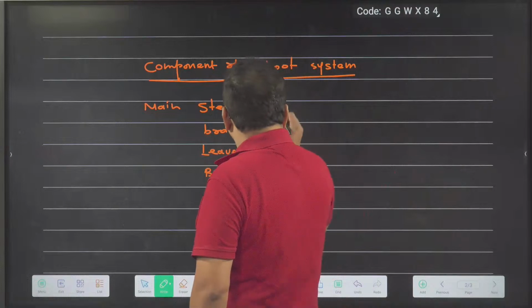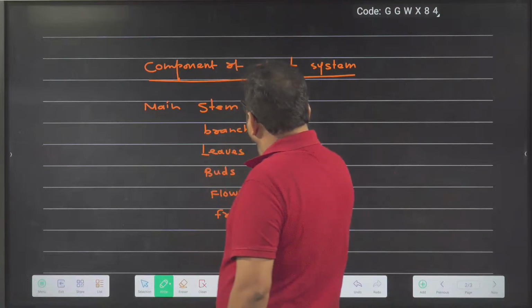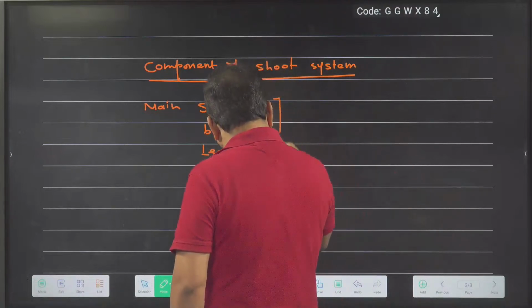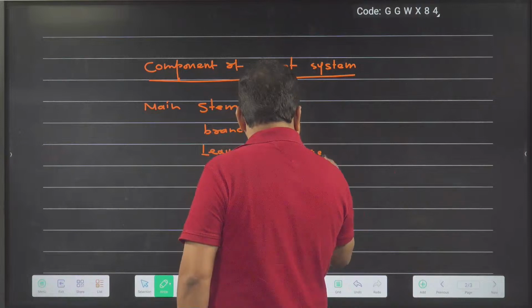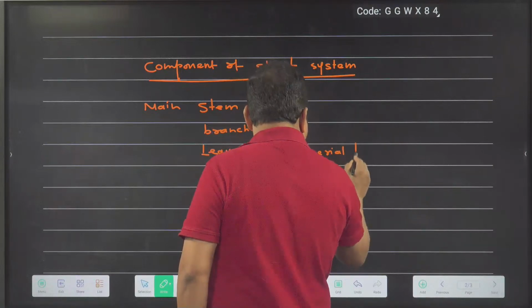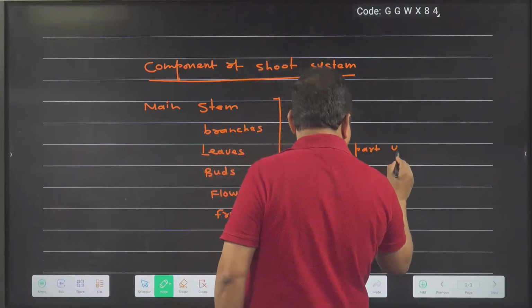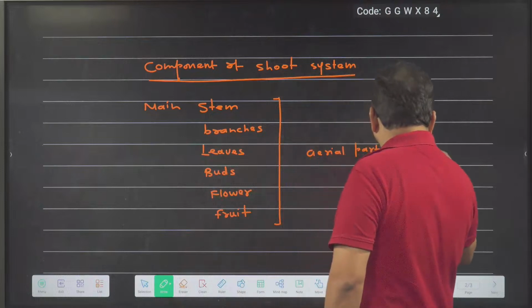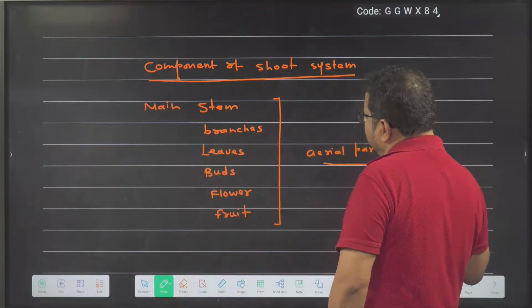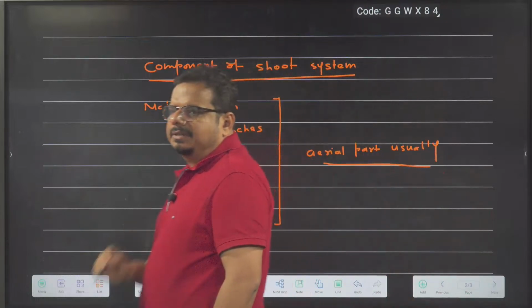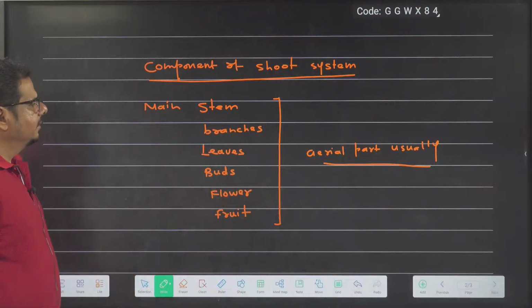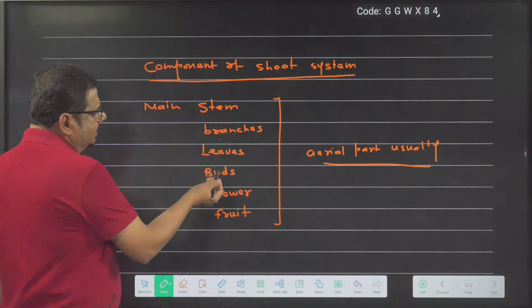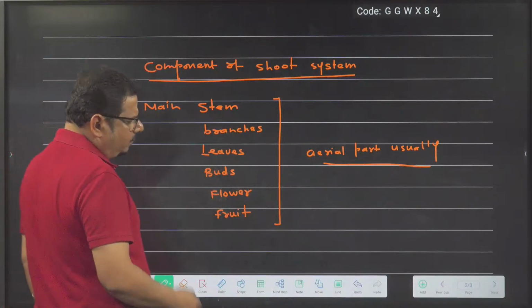So these are the components of the shoot system. These are usually aerial parts. In most angiospermic plants, these components are present above the soil: stem, branches, leaves, buds, flower and fruit.